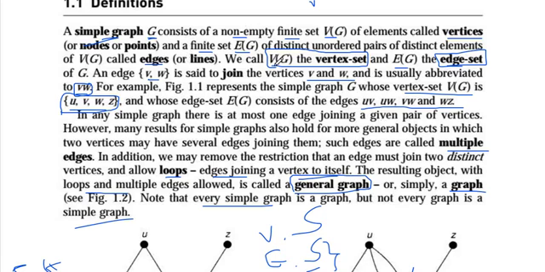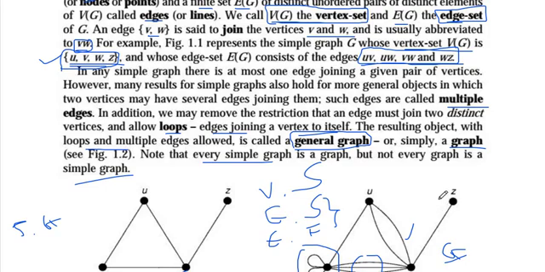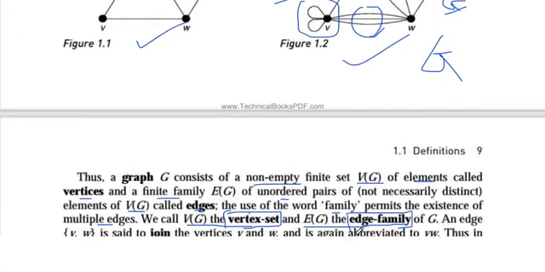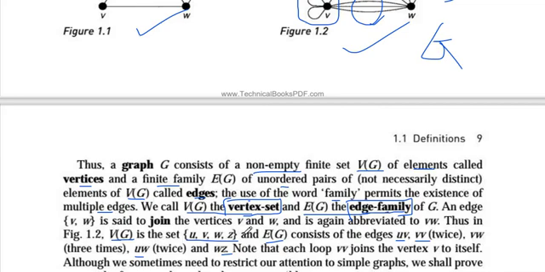Then all the elements of any graph are called the vertex set. We write this in set brackets, so this is called the vertex set, and in brackets this is called the edge set. Or if there are multiple edges, then we have an edge family.